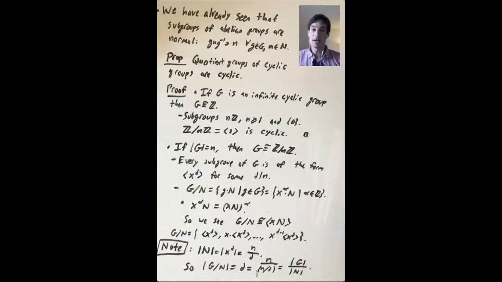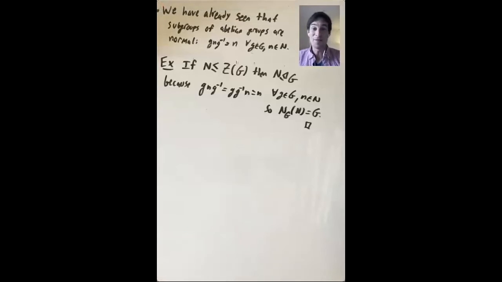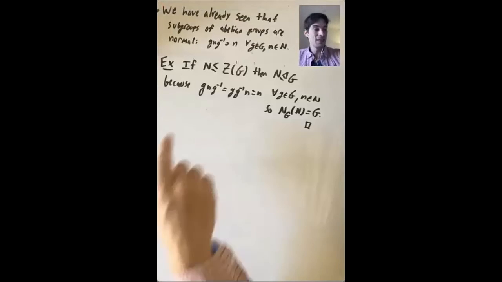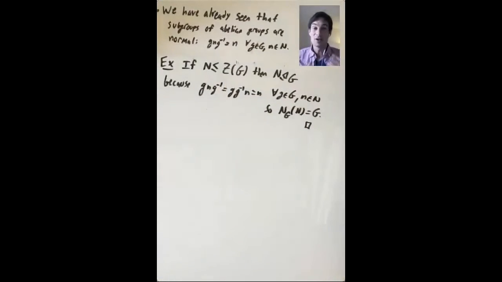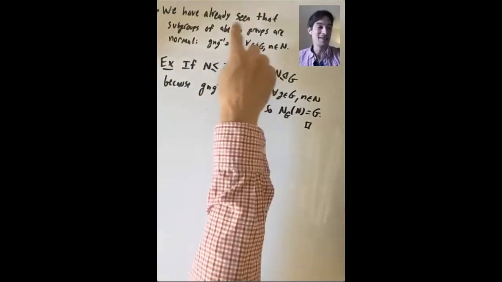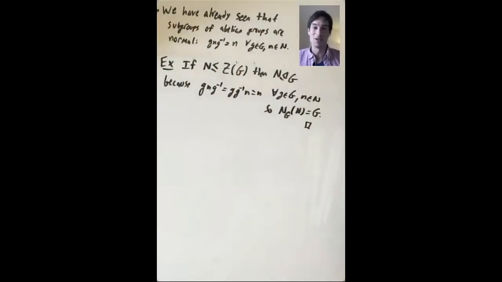So I'm going to pause and erase, and I want to do one last example of a normal subgroup. As a final example here, let's take a subgroup contained in the center of a group. I claim that this is always normal. And the reason that this is normal is the same reason that subgroups of abelian groups are normal.